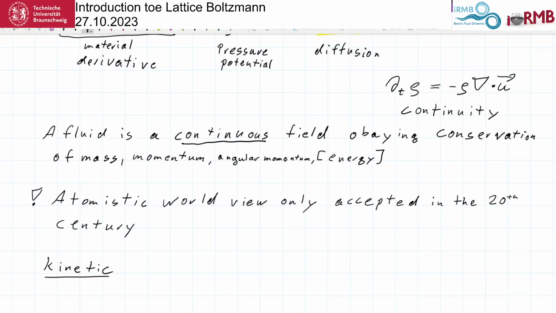But the other thing about this is that it overcomes this cognitive dissonance between, on one hand, we have atoms, and on the other hand, we have a continuum.